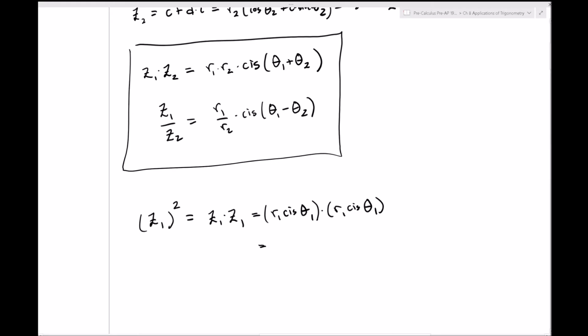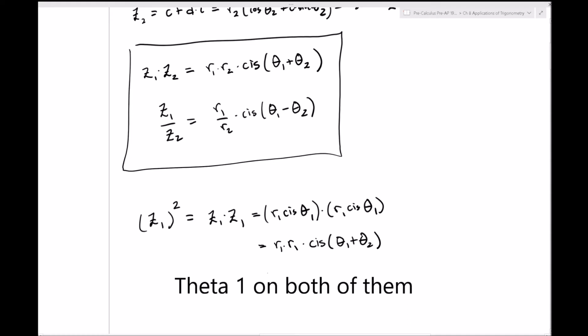Again, you just multiply the two moduli for these two. So that's R1 times R1. And then when you're multiplying two complex cosine I sine functions, it's going to be CIS, and you add those two angles, so theta 1 plus theta 1, which you can simplify, by the way. That is R1 squared CIS 2 theta 1.